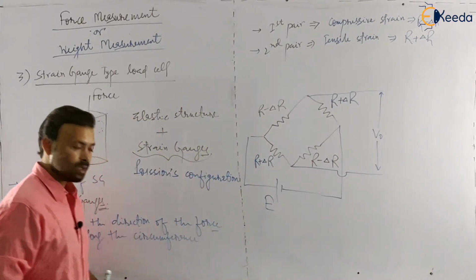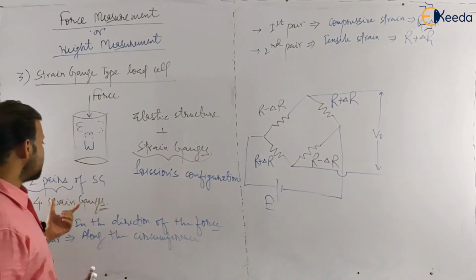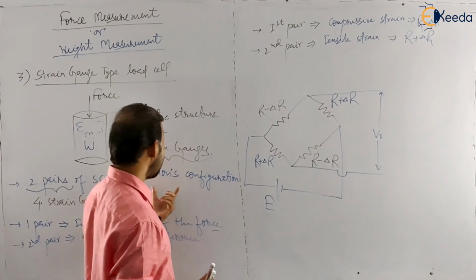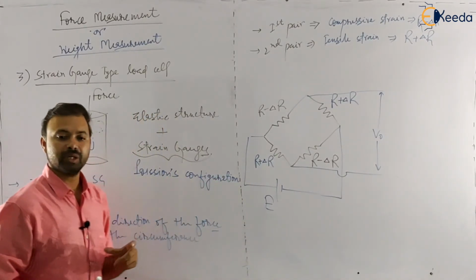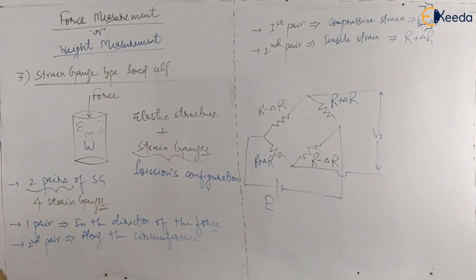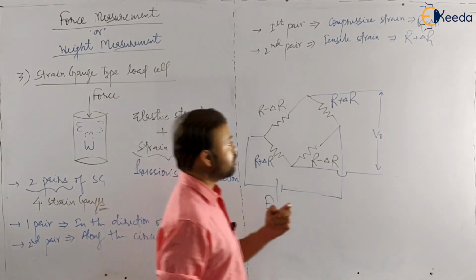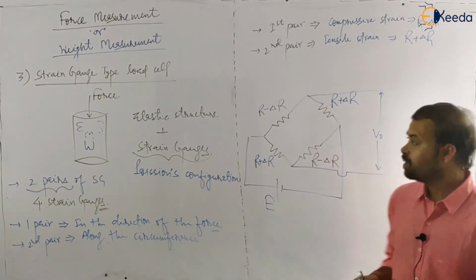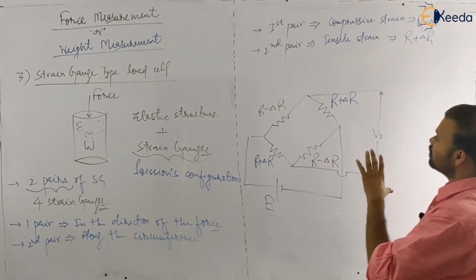Now the important thing here is that the strain gauges are connected in Poisson's configuration. For Poisson's configuration, what is the voltage output? Before coming to the voltage output, you need to remember one thing.